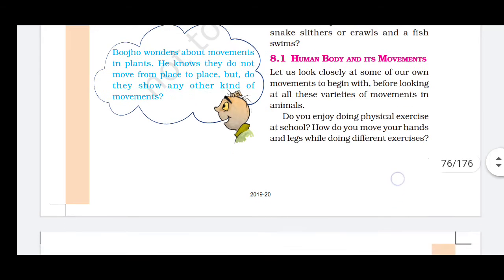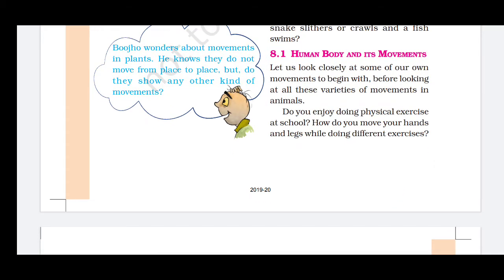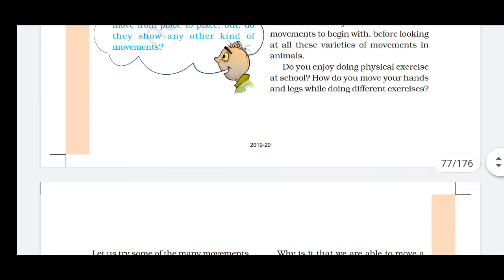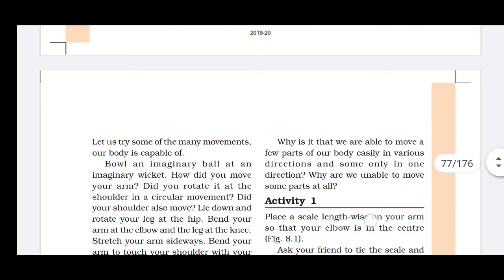Yes, we all do. How do you move your hands and legs while doing different exercises? This is an answer you can give by yourself. No need of writing it in the notebook, but you should think of which type of body movement you do while doing exercise at school.